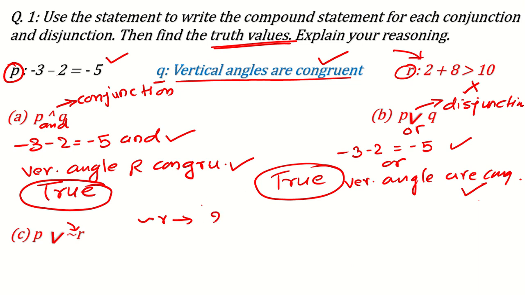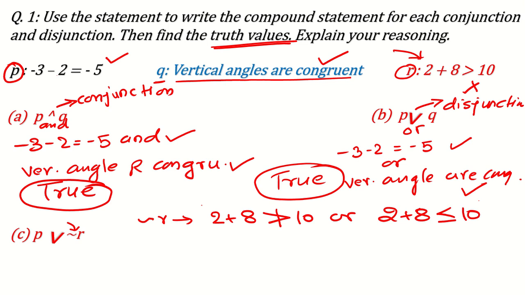So its negation will be 2 plus 8 is not greater than 10, or you can write 2 plus 8 is smaller than or equal to 10. Both the things you can write, because in two numbers you have three relations. Either one number will be greater than another number, or one number will be smaller than another number, or one number can be equal to another number.